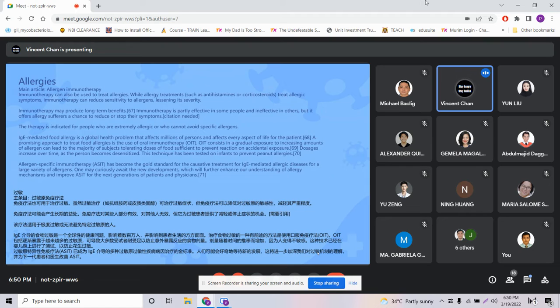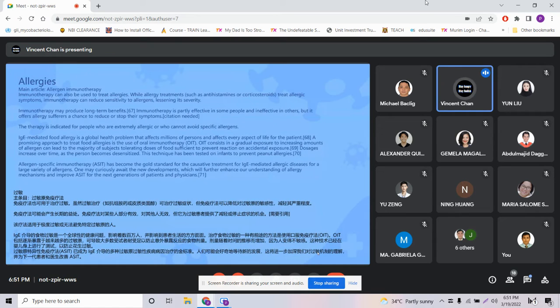OIT consists of gradual exposure to increasing amounts of allergen and can lead to the majority of subjects tolerating doses of food sufficient to prevent reaction on accidental exposure. And those doses increase over time as the person becomes desensitized. This technique has been tested on infants to prevent peanut allergies.